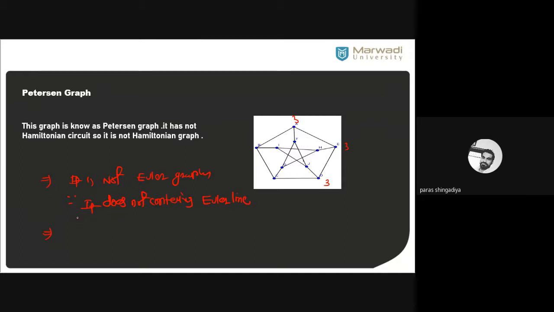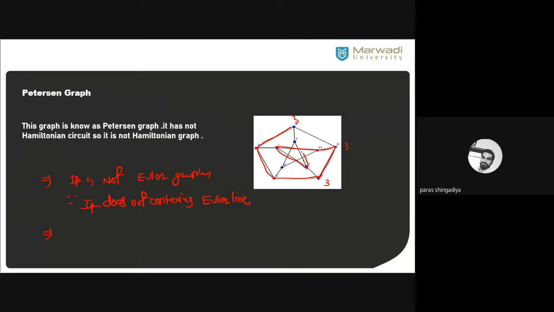Now for the second one, is it a Hamiltonian graph? Can we find such a circuit which covers every vertex exactly one time? No, it is not possible. Let's start with A to B, okay, and after B to C, C to D, D to E, and from E just check the inside vertex. E to H, complete this star.